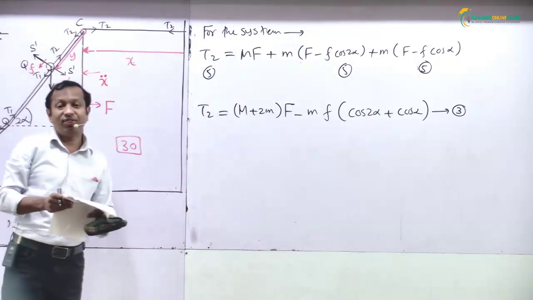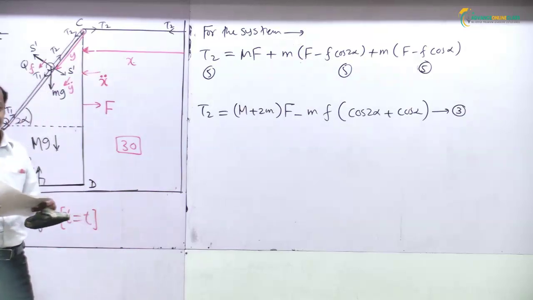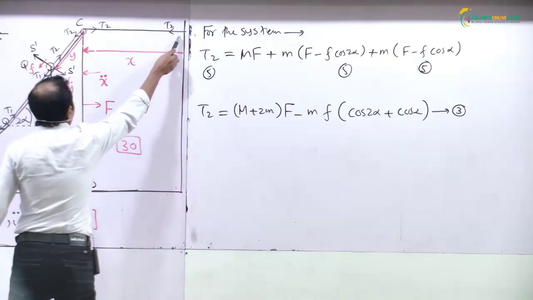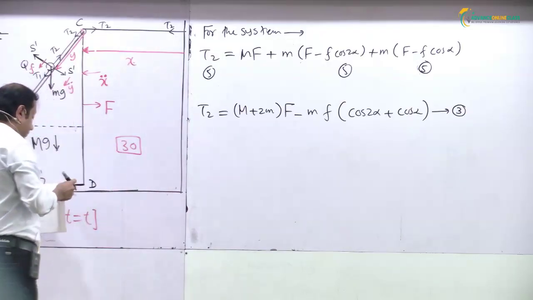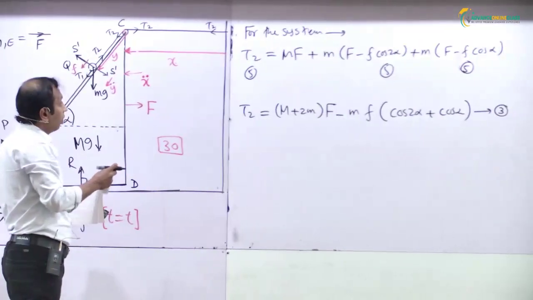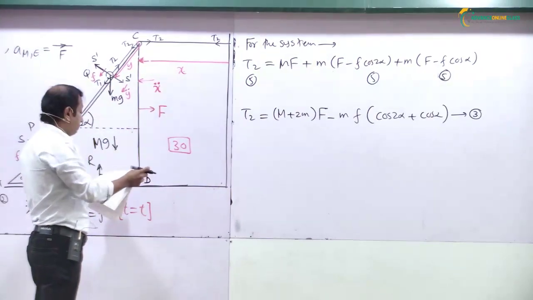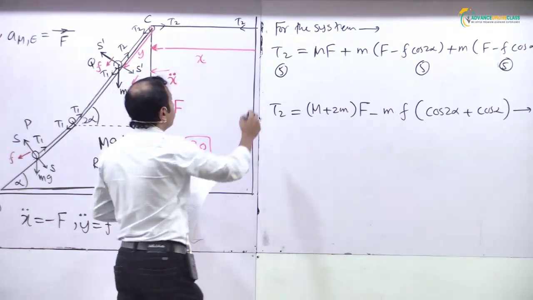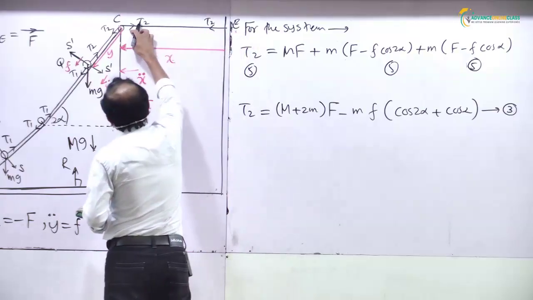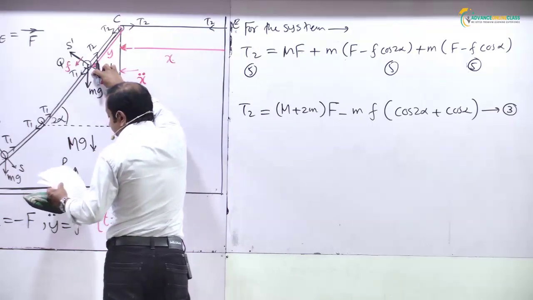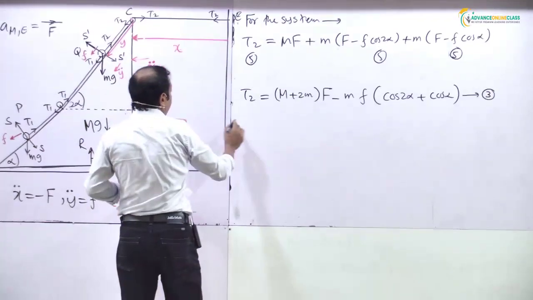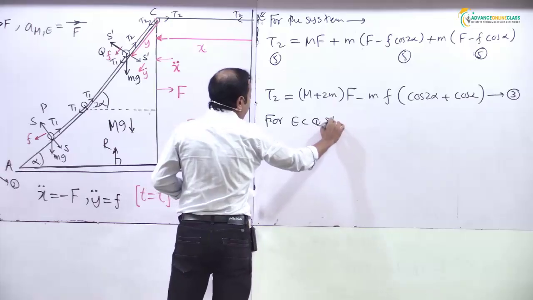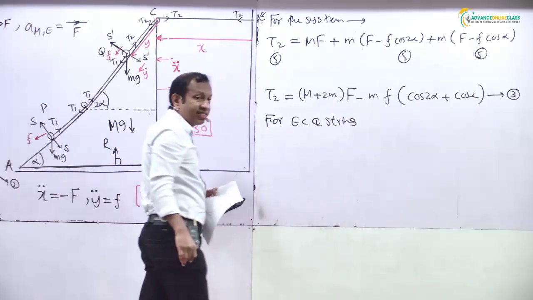And the most important equation, most of you didn't obtain. What's that? For the string, this is the point E. E, C, Q string. This is Q, the particle is Q. For the E, C, Q string, its length is always fixed, no?